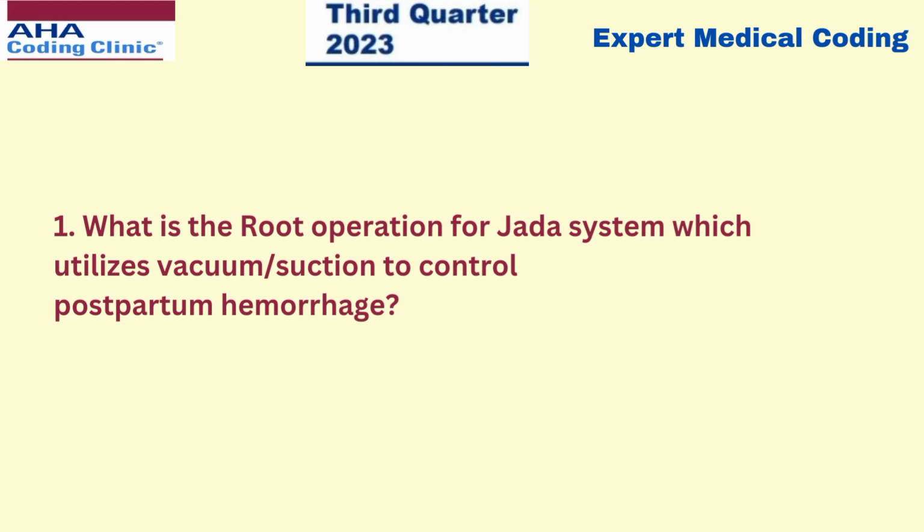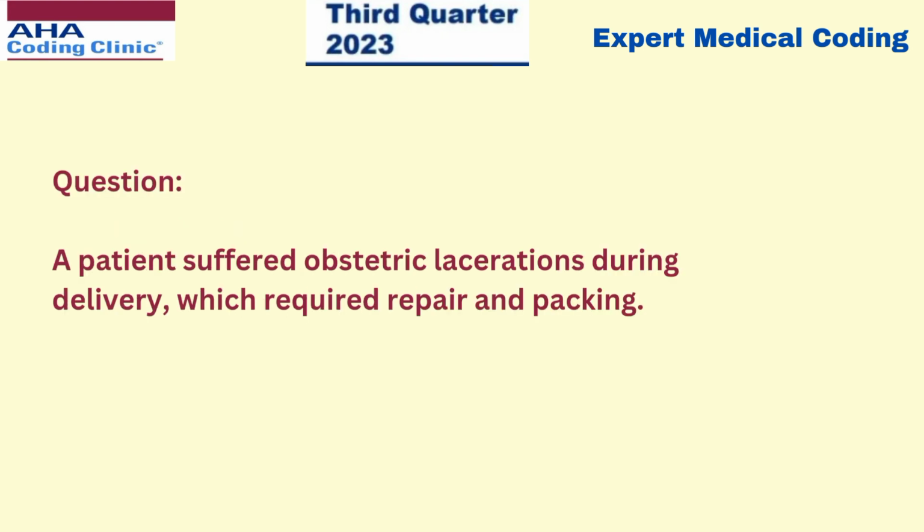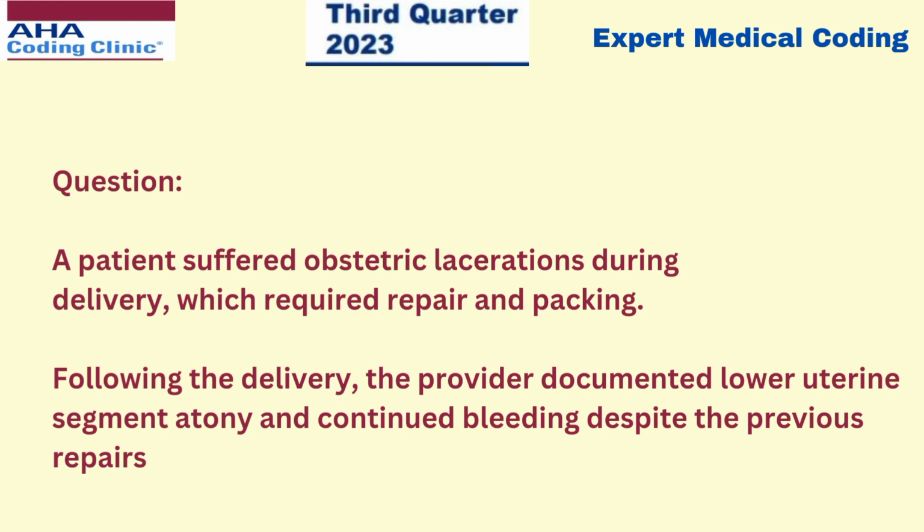That is, what is the root operation for the JADA system which utilizes vacuum suction to control postpartum hemorrhage? The patient suffered obstetrical lacerations during delivery which required repair and packing. Following the delivery, the provider documented lower uterine segment atony and continued bleeding despite the previous repairs. So, the patient is having lower uterine segment atony.